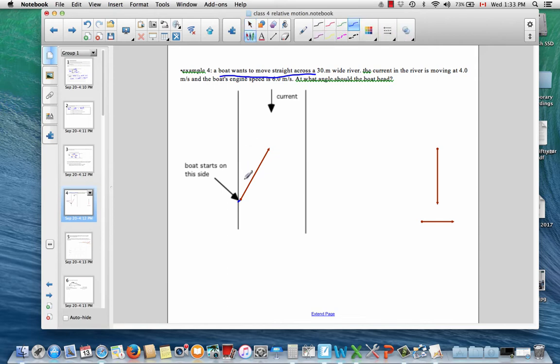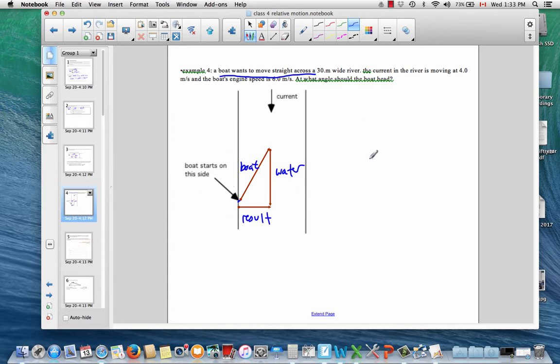So that's the way we'll point our boat. That's the boat vector. Then the current flowing downstream will give us a resultant motion that is then straight across. So that's what the diagram looks like.